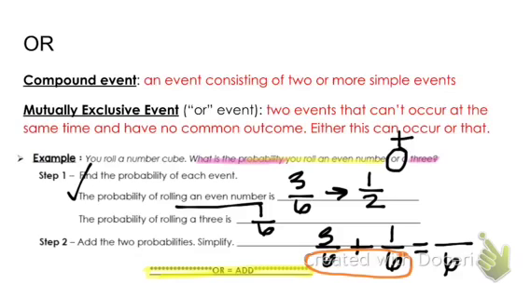And then I just need to add my numerators. So 3 plus 1 gives me 4. Now, remember, you must simplify your fraction. So it would reduce down from 4/6 to 2/3. So there's a 2/3 probability that I can roll an even number or a 3.